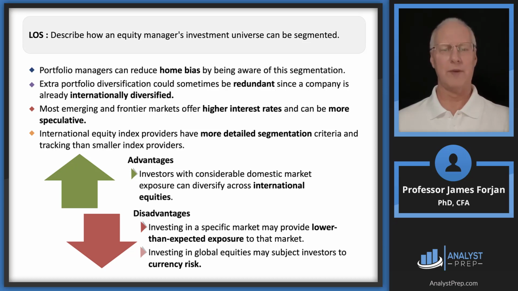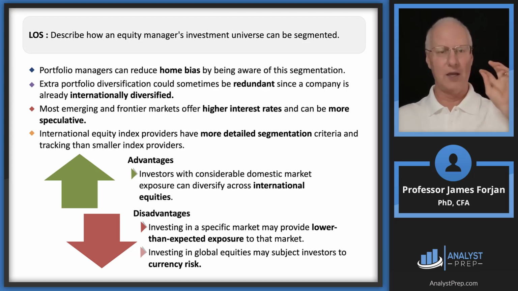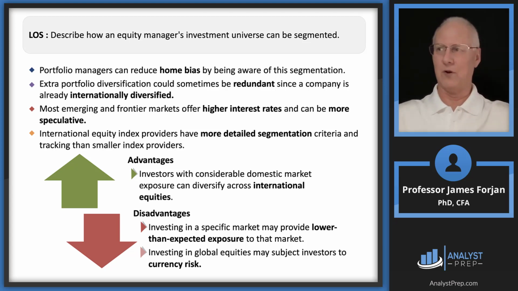Look at the bottom one. We have to worry about currency risk. We just spent lots of time in our fixed income recordings where I always say something like this, especially with investing in developed markets. You can find portfolios over here and portfolios over here, Canada and Germany, and you can find securities that have low correlations, but maybe the Canadian dollar and the Euro, maybe they have correlation coefficients of 1.